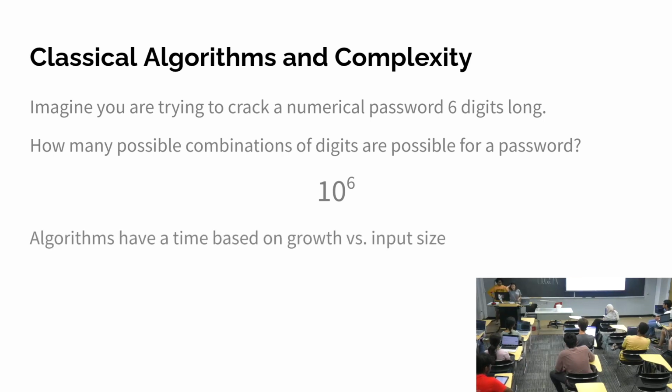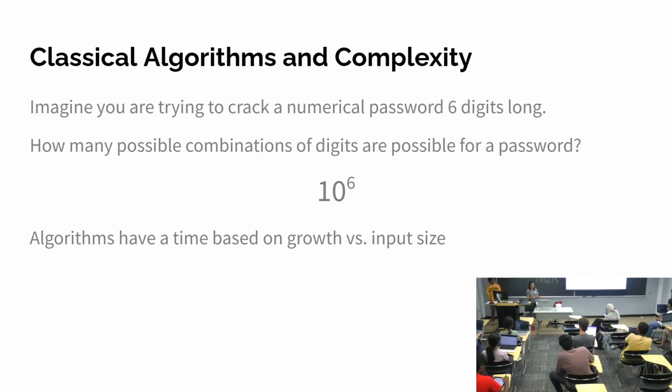1 million. And essentially this relates to how algorithms have a time based on growth and input size. So what this means is if you have a specific problem that only requires you to look at, say, the last digit of, say we're taking a different problem. How do we know if a number is even or odd? You look at its last digit.